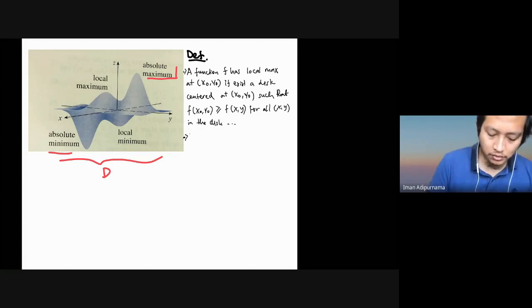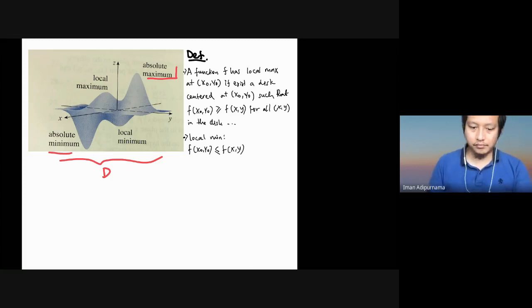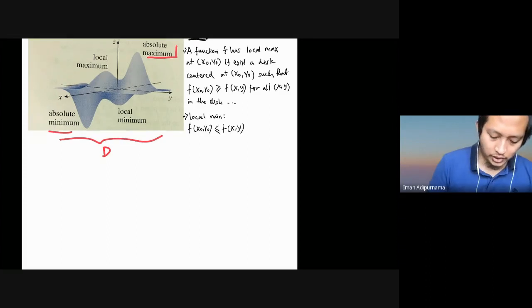And similarly for local min, if this is less than. And for absolute max, I will just write the key points.